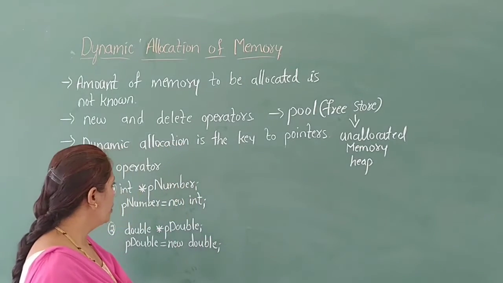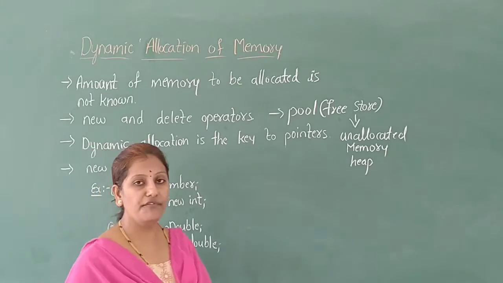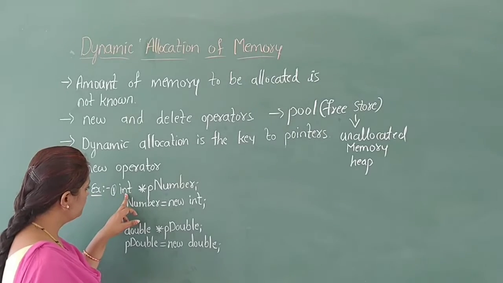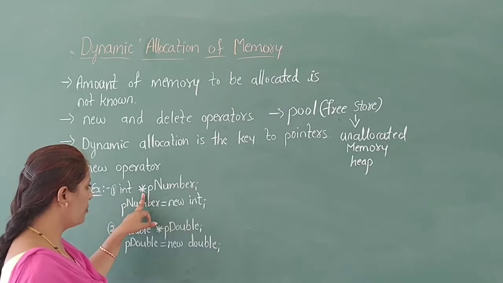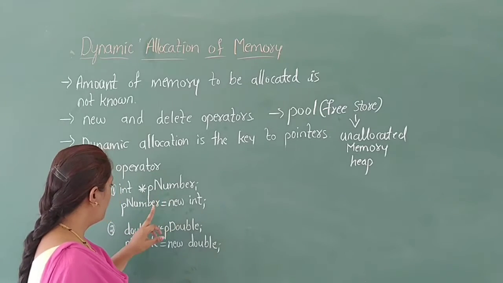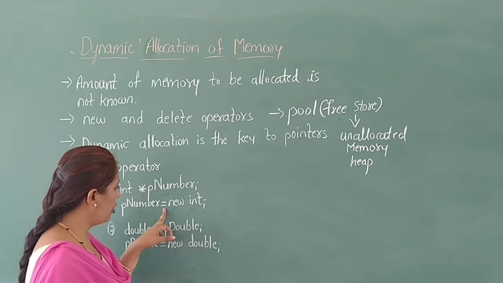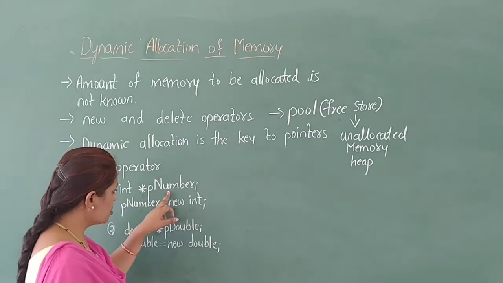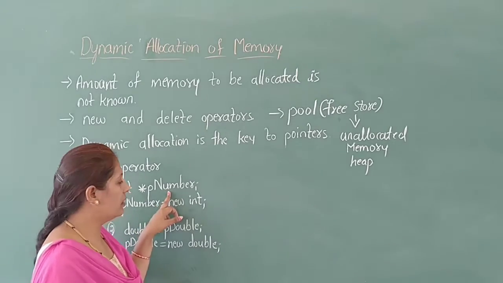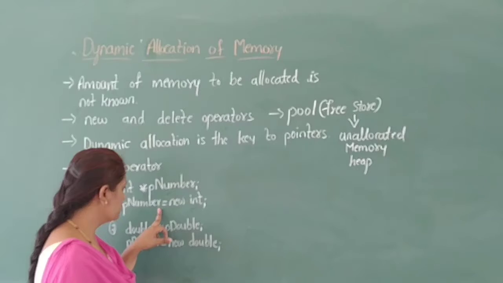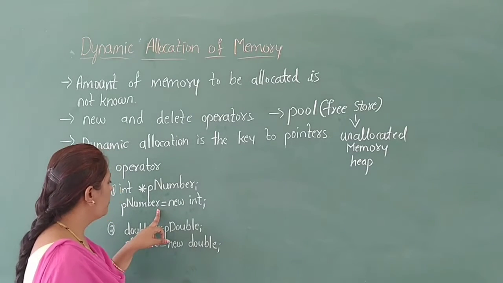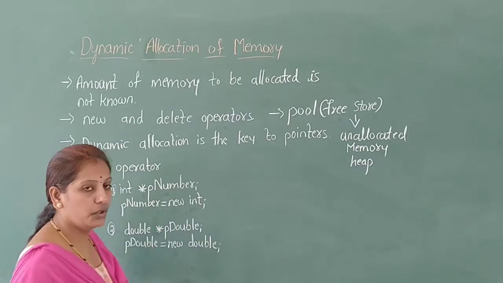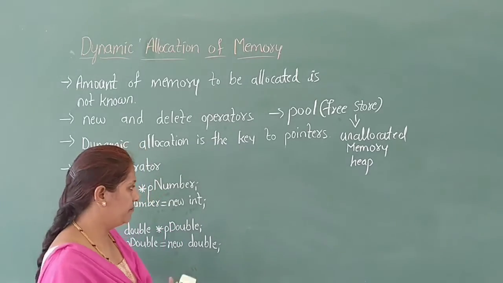For example, to allocate memory of type integer: int *pnumber; pnumber = new int; In this example, the first line declares the pointer pnumber, and the second line allocates memory for an integer and then makes pnumber point to the new memory.